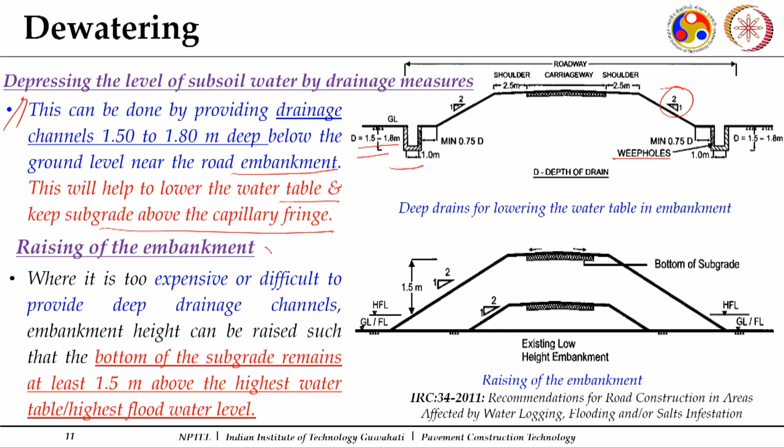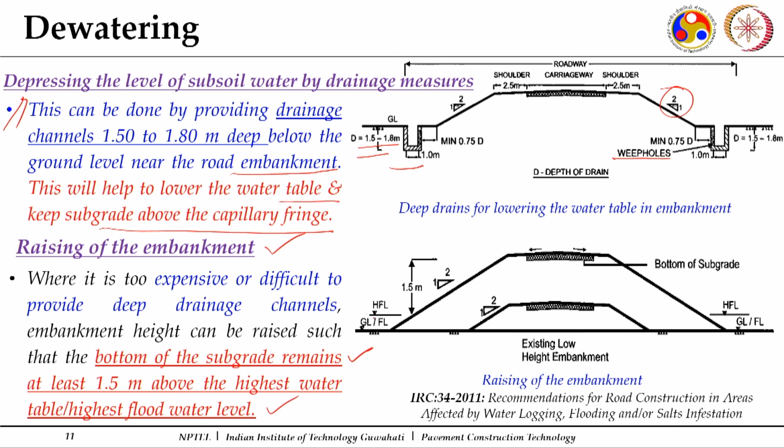Second is, we can go for raising of the embankment. The construction of these deep drains may be quite an expensive exercise. So the other way may be that we can raise the embankment height in such a manner that the bottom of the subgrade remains at least 1.5 meter above the highest water table or high flood water level.